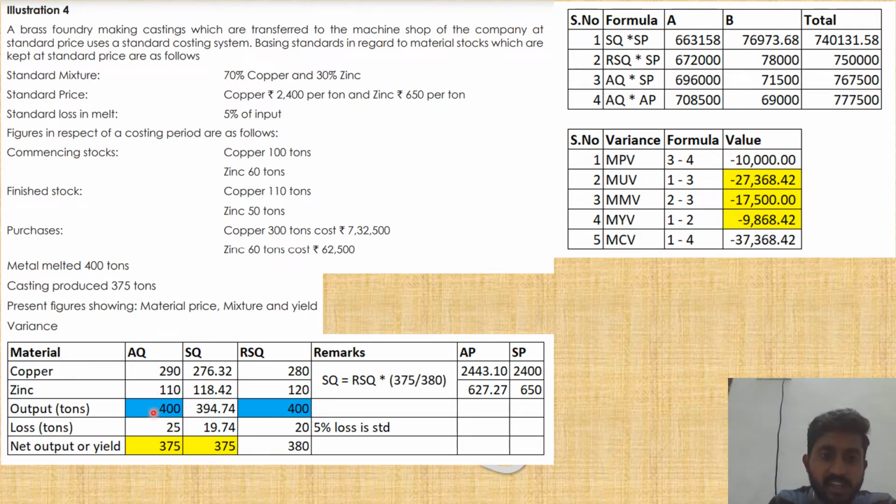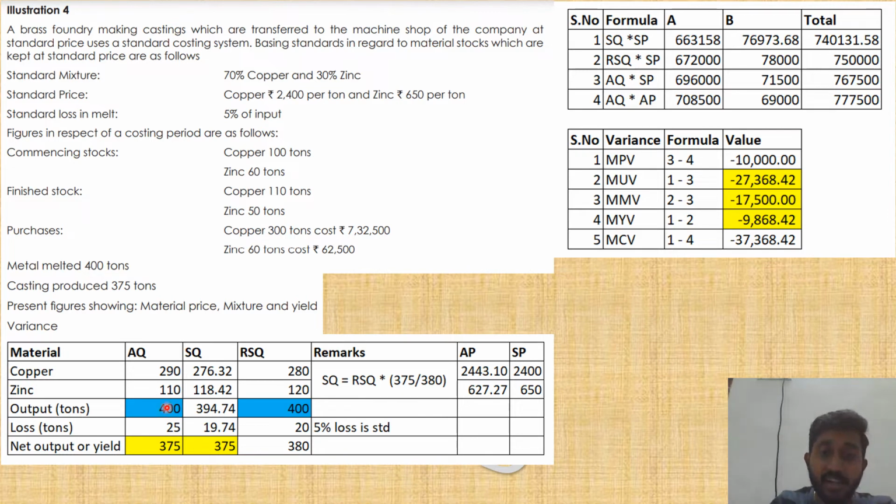Putting together you are getting 400, and this is also tallying with the question, where they have already said metal melted. So the actual quantity that is taken into the process of making brass is 400. They have given it in the question. So here it is tallied, which means all the other things are correct. Your stock valuation and stock calculation are correct. So 400 input, 375 is produced. So 400 minus 375, the loss is going to be 25.